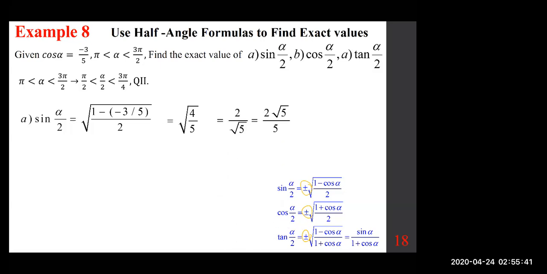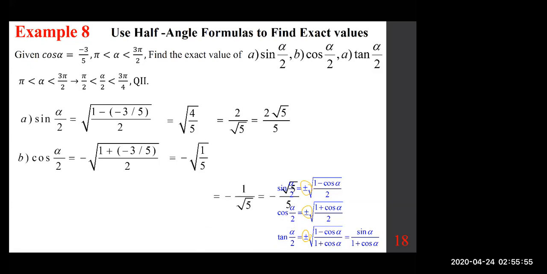You can handle it. What about cosine? Well, we know cosine is negative. That's the thing you want to be careful of. So how do you find this? Let me explain how you find the cosine. Two ways. Use the half angle formula for cosine of alpha over 2, or sine squared plus cosine squared equals 1.